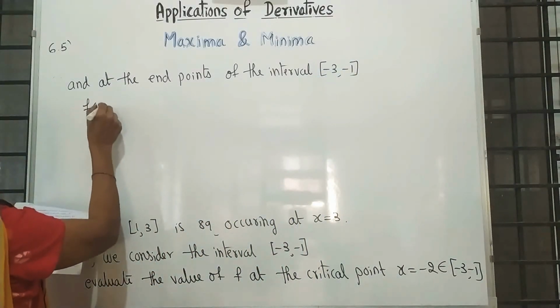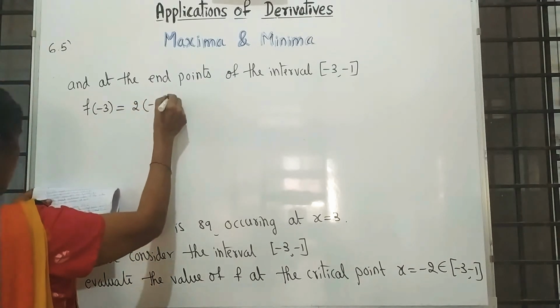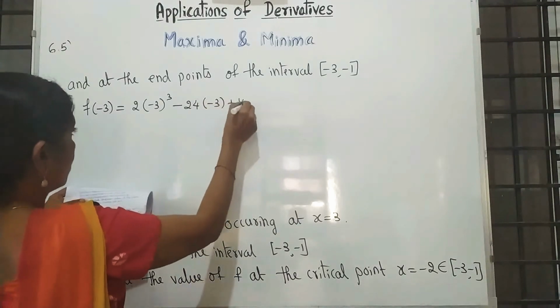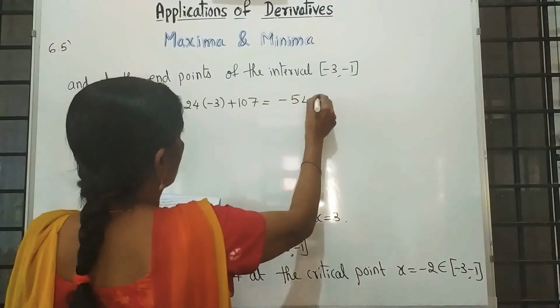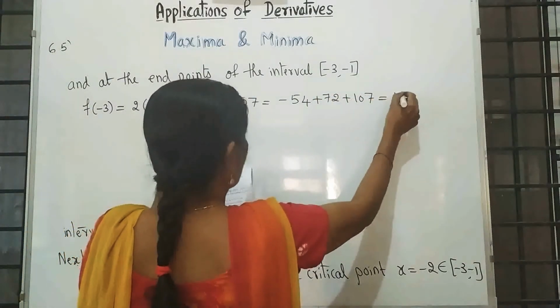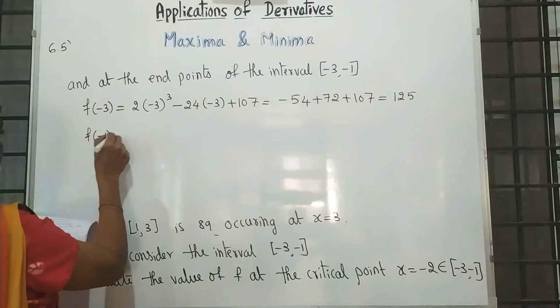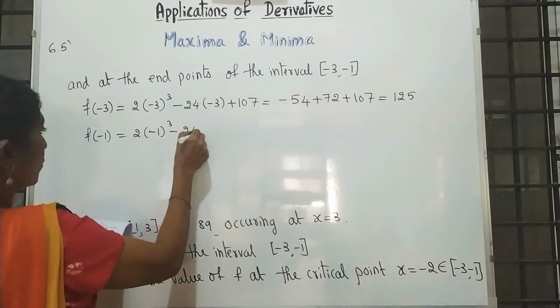First one, f of -3, plus 107, that is -54 plus 72 plus 107 is 125. Then f of -1, in the given function we have to write this value, you are already familiar.